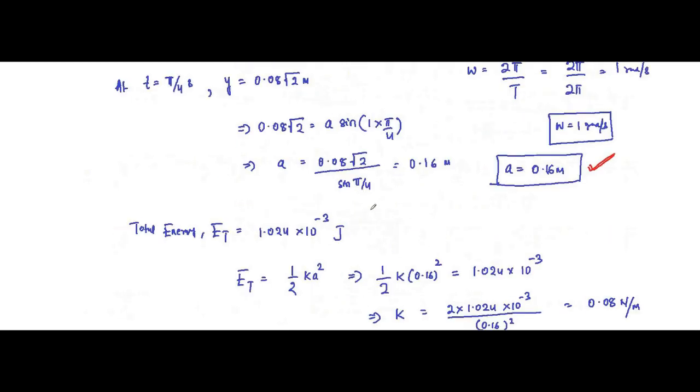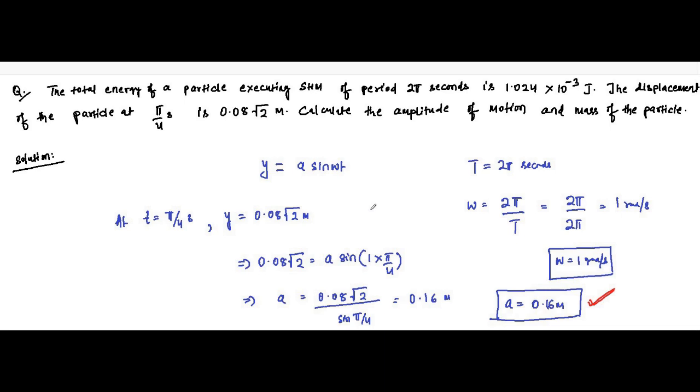So the most important thing in all of these questions is to remember the formulas of the different parameters and how to manipulate the basic displacement equation into various forms. Whether you have to calculate any SHM parameter, be it acceleration, velocity, maximum velocity, force constant, angular frequency, amplitude, whatever you have to calculate, all is there in this basic format of displacement equation.